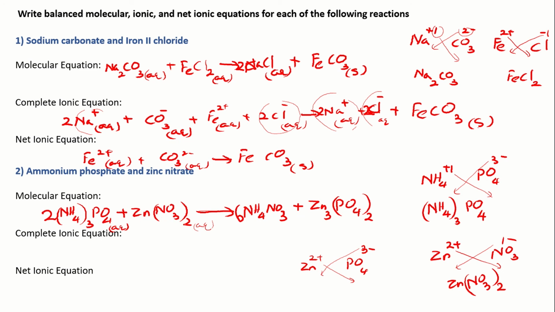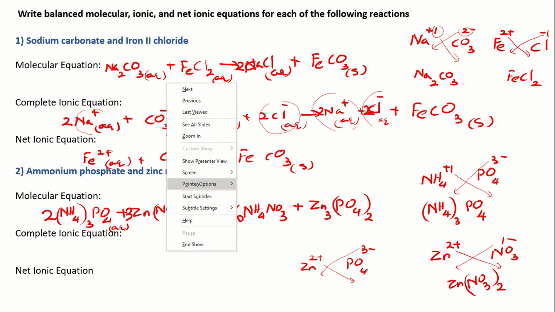But what I have is only 2 nitrate, so I'm going to put the coefficient 3. 3 into 2, I get 6 nitrate, and at the same time I'm getting 3 zinc atoms, and that perfectly balances with these 3 zinc atoms. Now my equation is properly written and balanced.